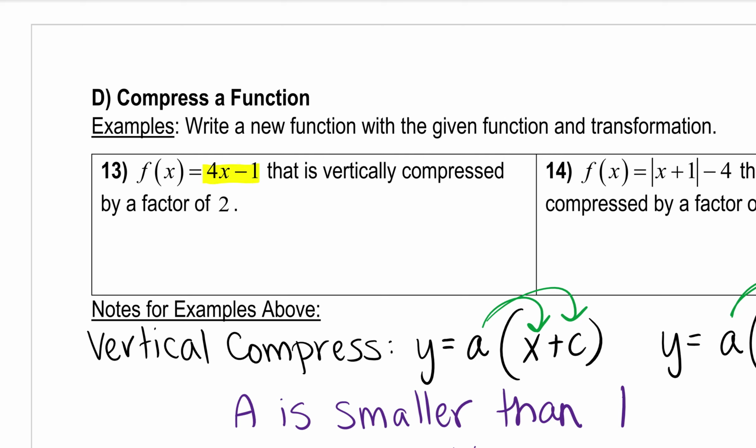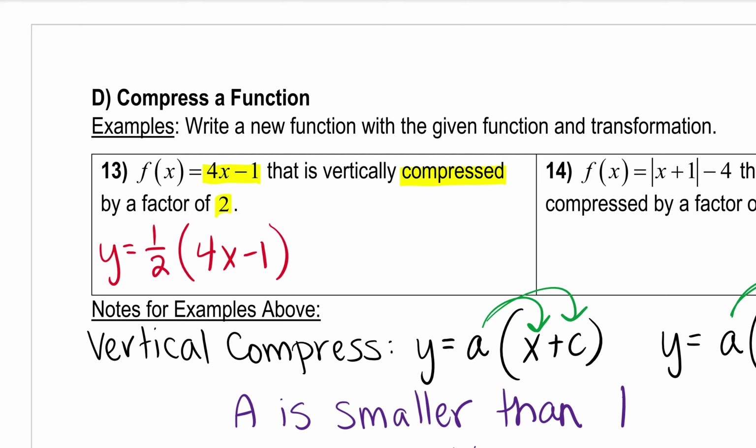13, I have 4x minus 1, and I'm compressing by 2. So let's go ahead and write this out. So I have y equals, so again, when I'm stretching, I'm multiplying by a number, right? But since I'm compressing, I'm getting smaller. It's actually dividing. So if I compress by 2, I would actually have 1/2, and then times everything, right?